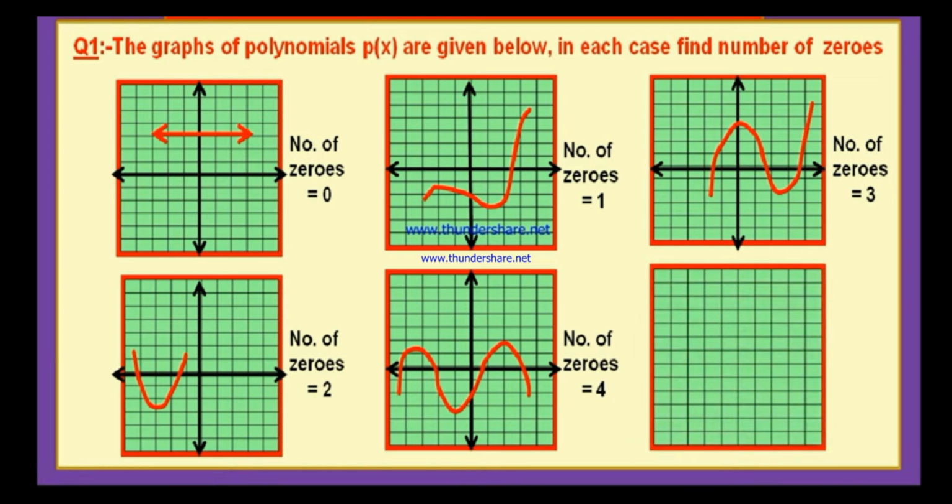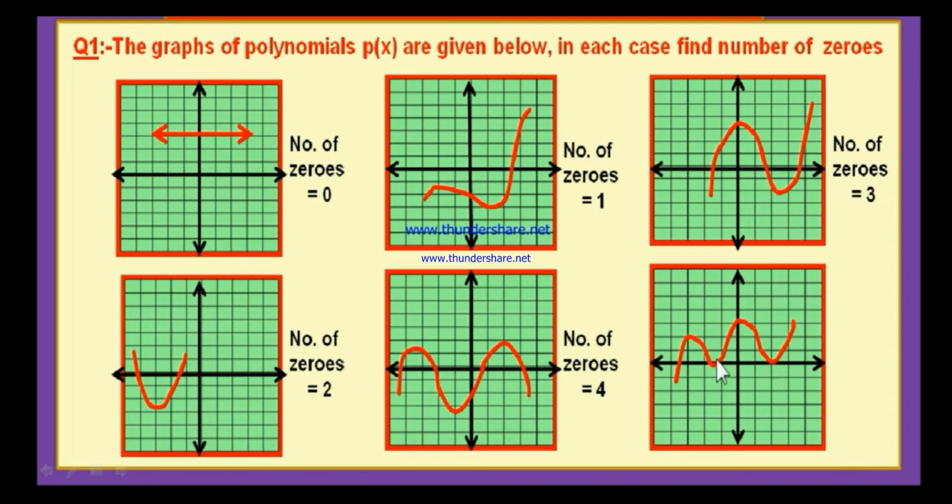And next, the sixth graph, this is the curve. Look at this curve. This curve is intersecting x-axis at this first point. This is the first point of intersection. And this is not a point of intersection. It is just touching x-axis. Therefore, there is only one point of intersection here. First point, second point. Again, it is touching x-axis at another point.